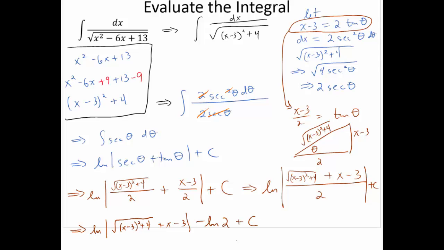And now what happens is, if we look at the answers in the back of a book or something, since the natural log of 2 is a constant, it gets grouped together with that other constant from integration, and we just call this plus some other constant. Usually, we call it C1 or C something else. All right, so that's something that happens in these types of expressions.